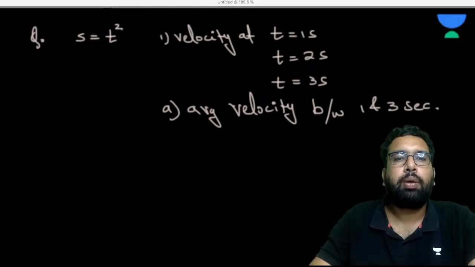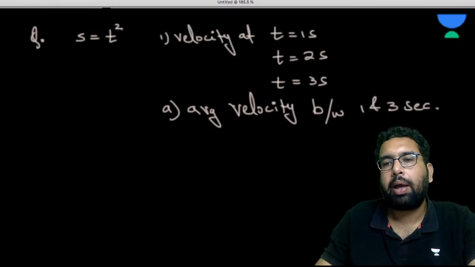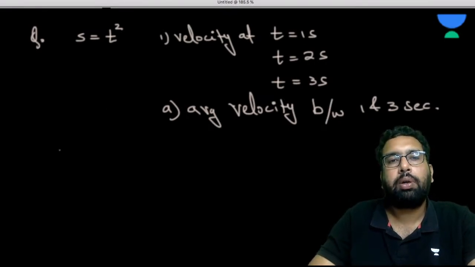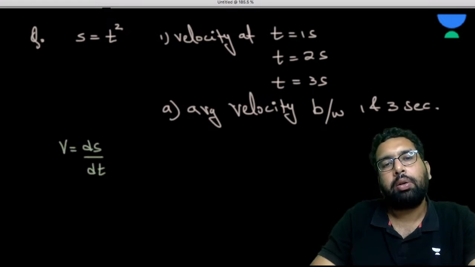See what we can do. s is equal to t square. So v is equal to ds by dt. When we differentiate it, we'll get 2t.